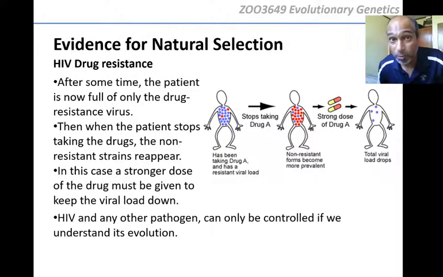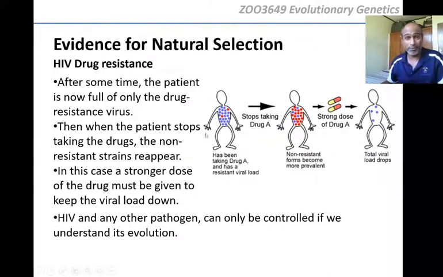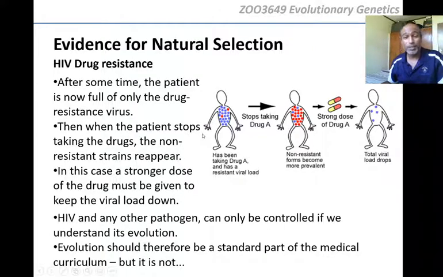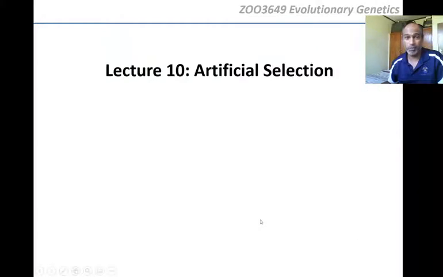And Moodley's job is to make sure you get it into your heads so that when you are finished with this bachelor's degree, you are able to have a proper conversation with someone outside about the meaning of life. Okay? So, evolution should be a standard part of all the medical curriculum. But at the moment, it is not. Most people who do medicine don't know how to even spell evolution.